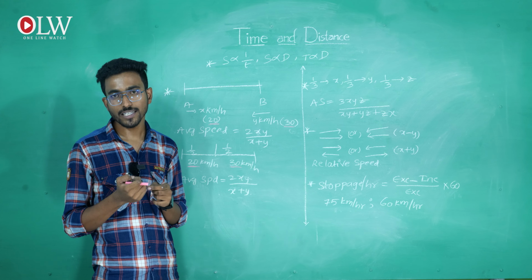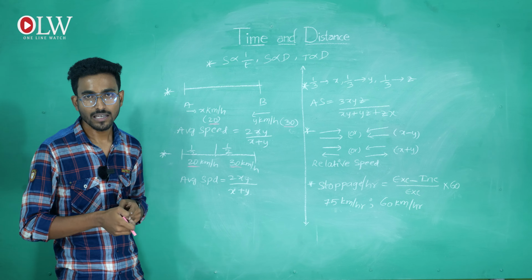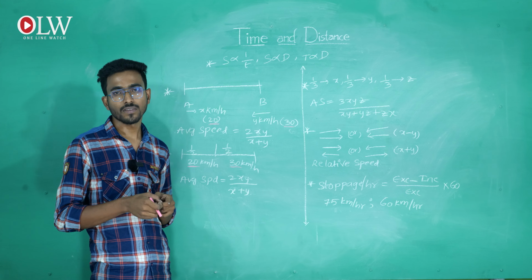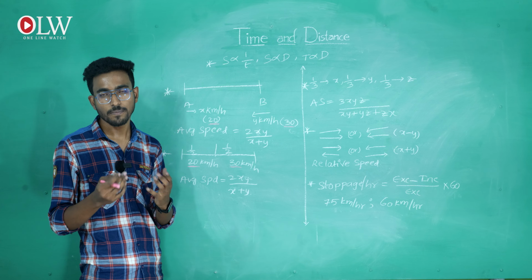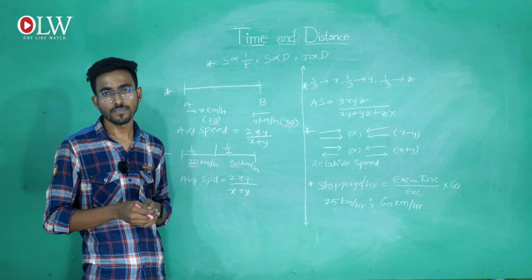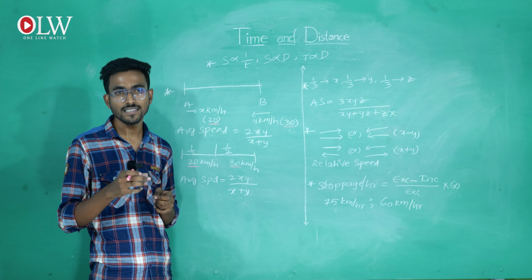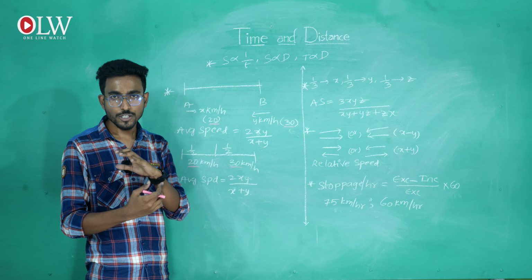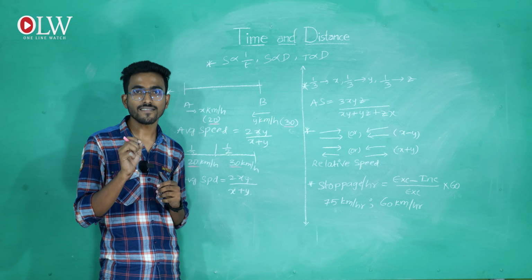Percentage means in which number it is equal? 100. Percent, cent means 100. In a newspaper, we read that out of 100 people 10 got the coronavirus, or out of 100 people 10 got IIT seats, like that. That means the basic number should be 100, but for time it is 60.